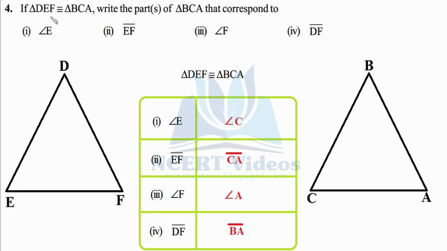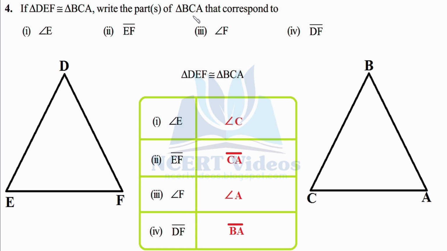Again, we are given two triangles and a correspondence relationship. So we have triangle DEF, and another one is triangle BCA. Had it been CBA, then we would have considered this B as C, and so on. Therefore, correspondence plays a very vital role in congruency of triangles.